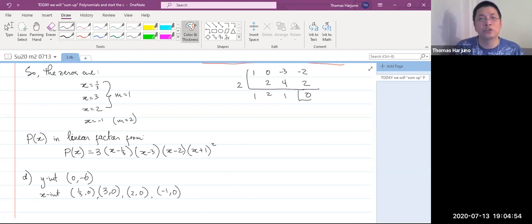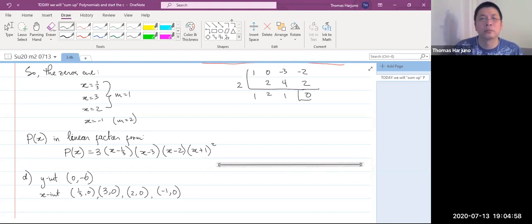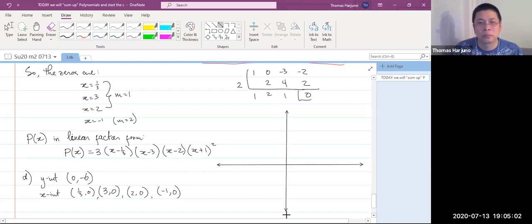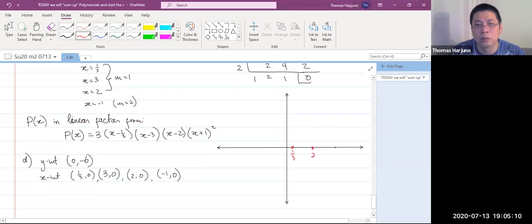Suppose I want to sketch the graph. X-intercepts are (1/3, 0), (2, 0), (3, 0), and then (negative 1, 0). Y-intercept is (0, negative 6).